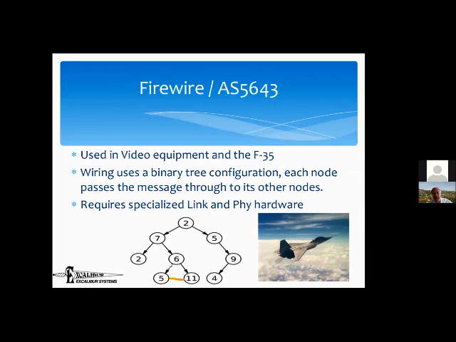So the way you communicate is you go up to node 6 and then down to node 11. Whereas if you want to communicate between 5 and 4, then you'll go from 5 down to 9 and down to 4. So here, unlike the 1553 bus, if these two things wanted to happen simultaneously, they could, because they're independent wires.